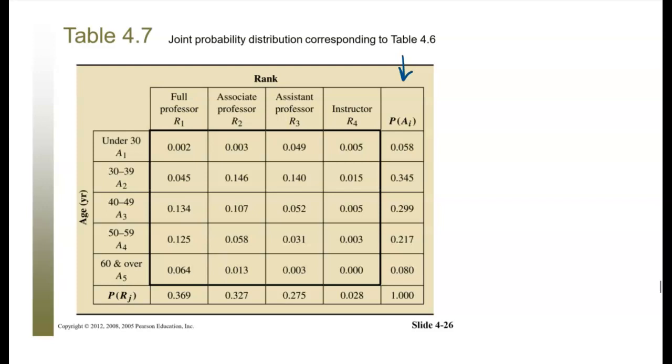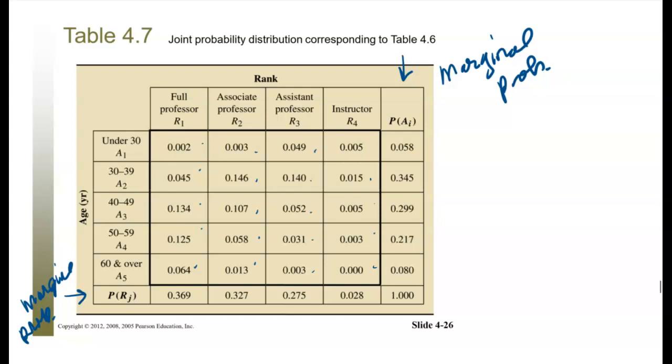The numbers outside the box, which represent, remember, those column and row totals, they are called our marginal probabilities. Down here too. Quite simply because they're in the margins. The numbers inside the box, the 20 probabilities on the inside, are your joint probabilities.